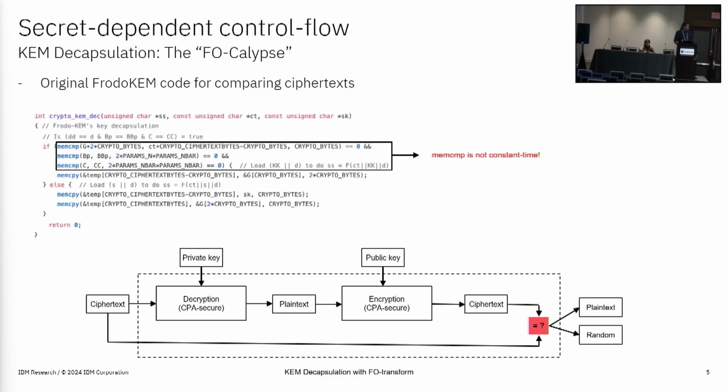Now, if you don't know how memcmp is implemented, you think, okay, it's a constant time implementation. That's wrong, right? Because it's usually in the C library, it's not a constant time implementation. So that was an issue that was discovered throughout the process.